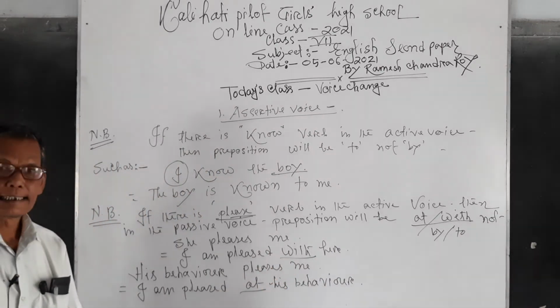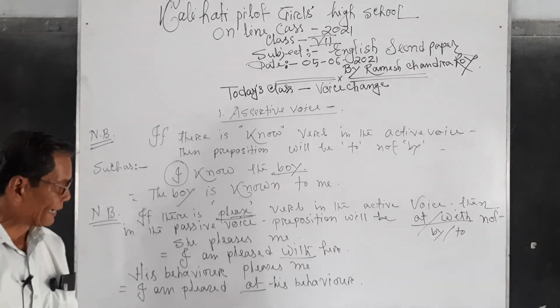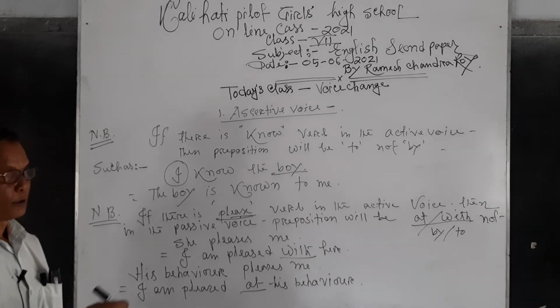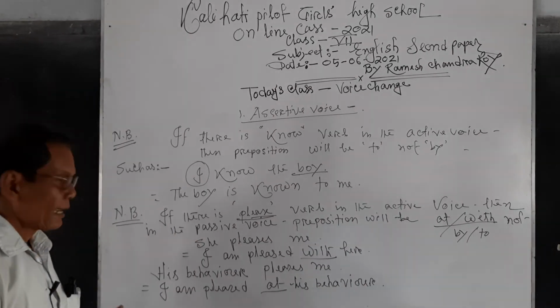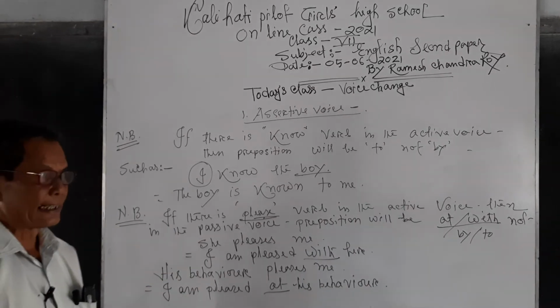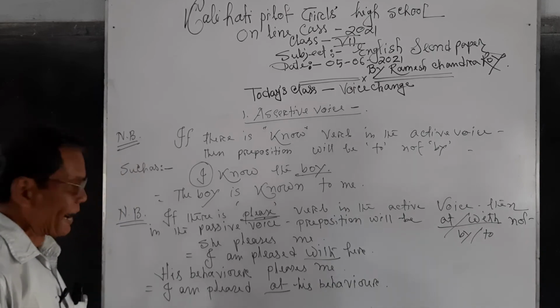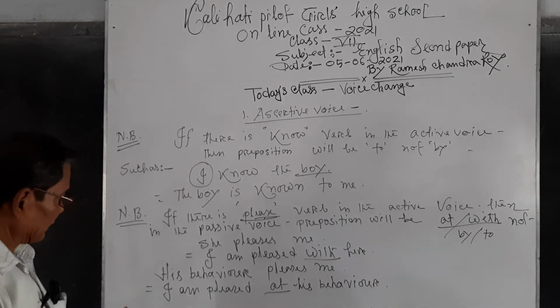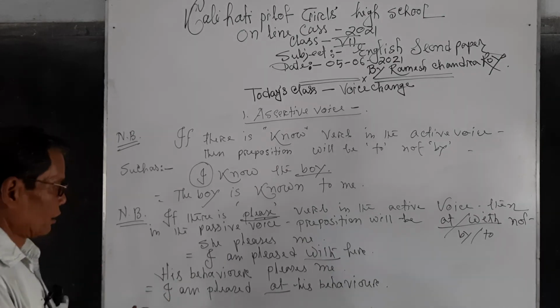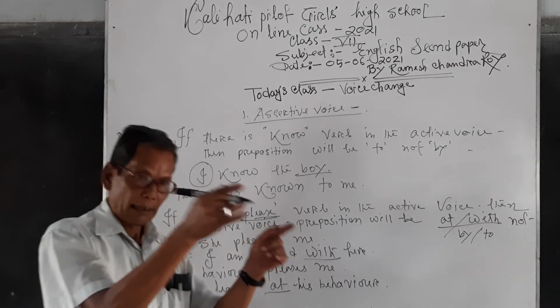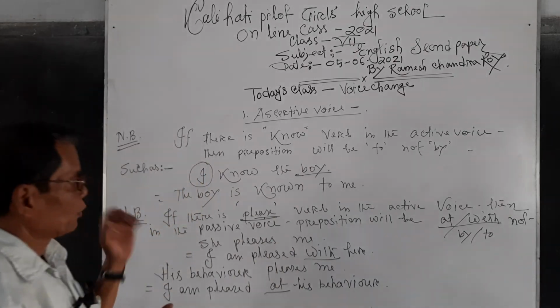With is used when the subject does it directly, and at is used when it is not the subject but the behavior that pleases somebody. Then you can use at. Okay?